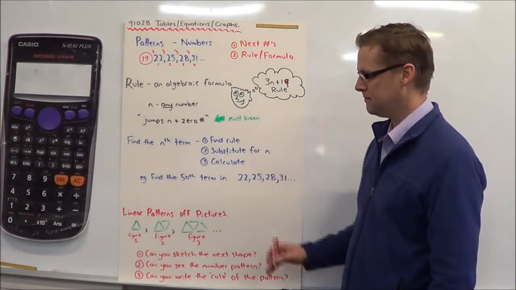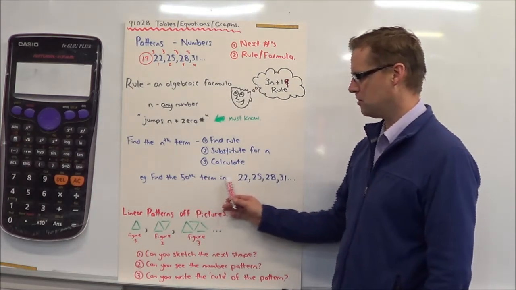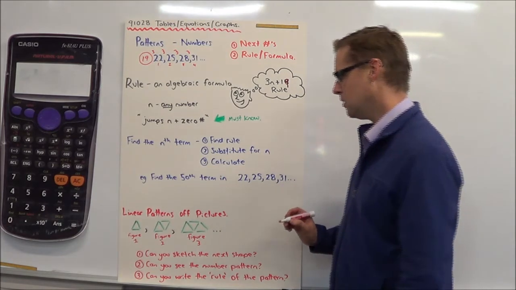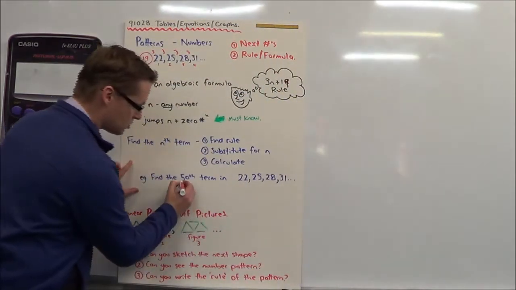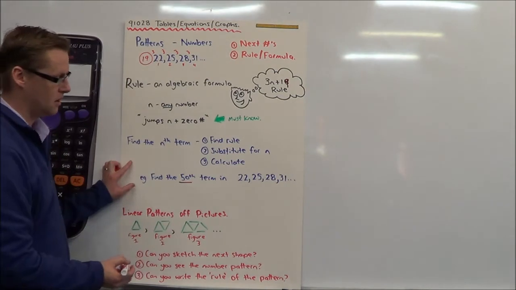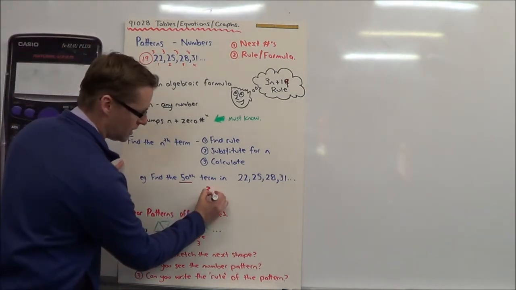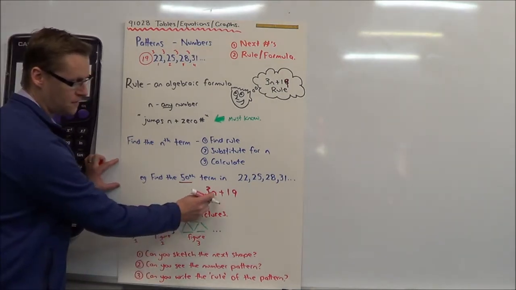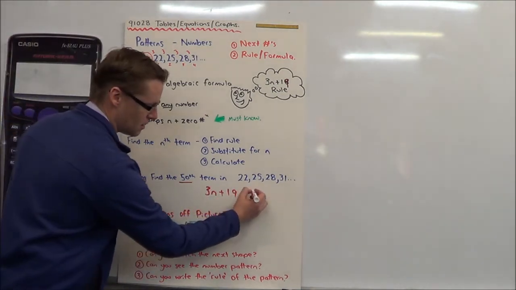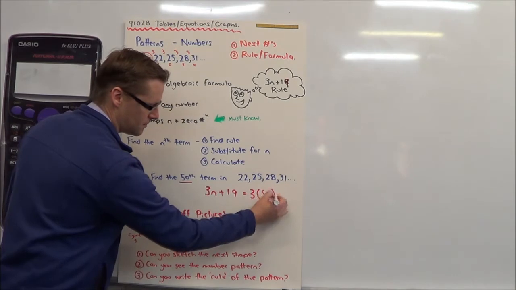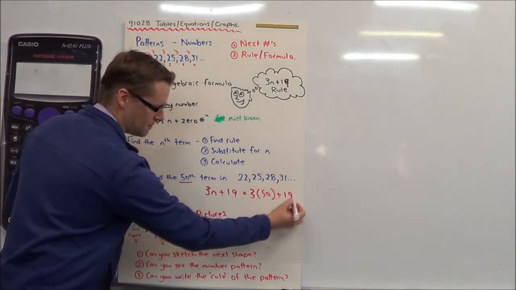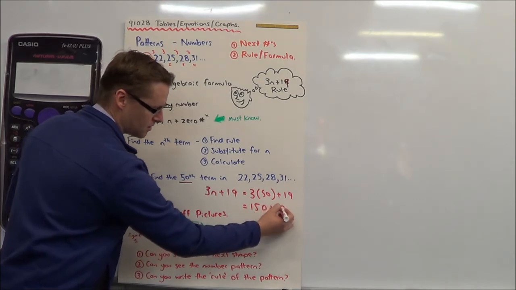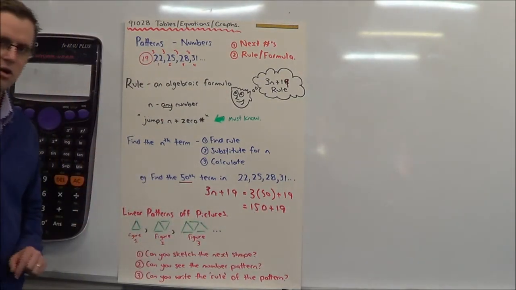So in our above pattern, find the 50th term in the sequence, 22, 25, 28, 31. Well, this is the term that we're interested in. So we have the rule, 3n plus 19, and we're going to put 50 in here. 3 times 50 plus 19. 150 plus 19, 169.